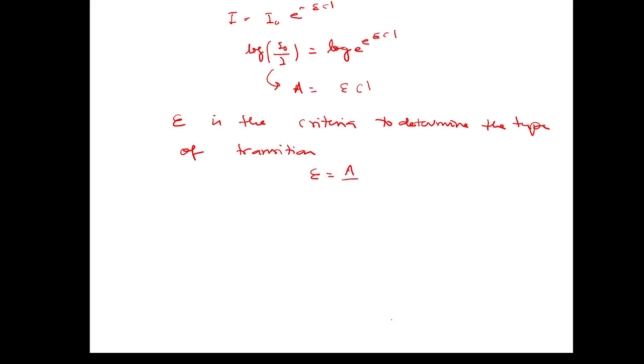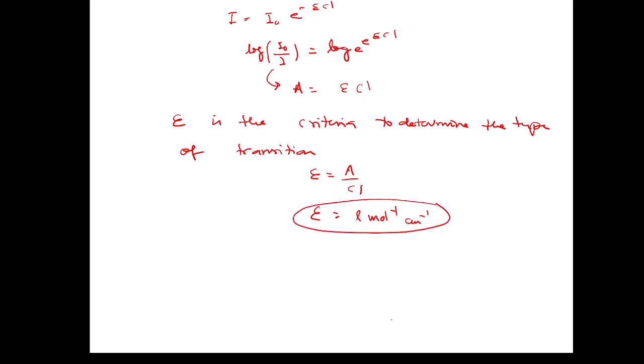Epsilon is A by Cl. A basically doesn't have any unit. C has mole per liter, and l has centimeter. So you can write liter mole inverse centimeter inverse. That is the unit of epsilon.